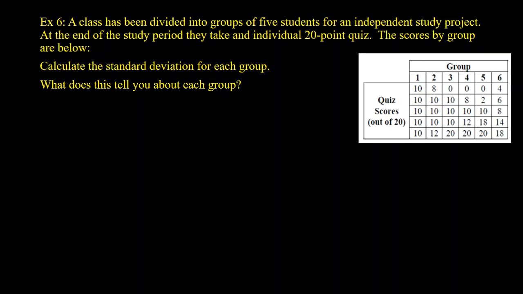So calculate the standard deviation for each group. What does this tell you about each group? Now, the standard deviation calculation can get a little complex, especially the larger data set you have. There's a lot of places that you can make a mistake. I do expect you to know how to calculate it by hand, because understanding what's going on in the formula will help you understand standard deviation, how it's the mean distance from the mean.